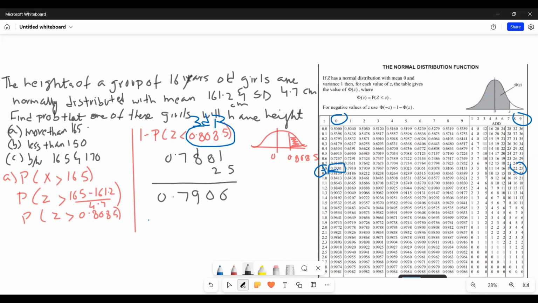This is what we get, 0.7906. Then we do 1 minus 0.7906, which gives 0.2094.